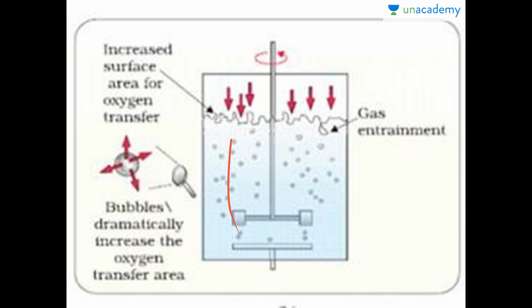This one is different from that one because here gas is transferred, and there is an increased surface area so that a large amount of oxygen gets transferred. These are the two bioreactors used to make our desired product, which was made using DNA technology, on a large scale.